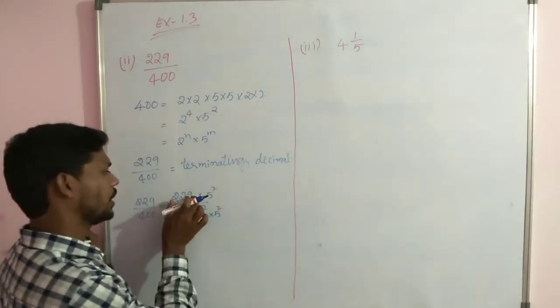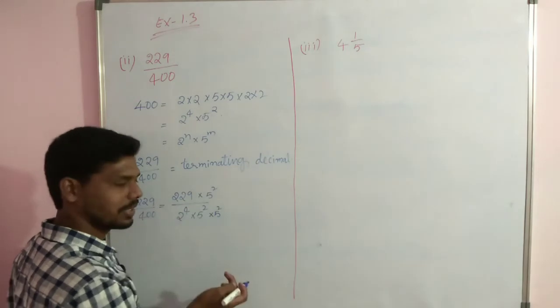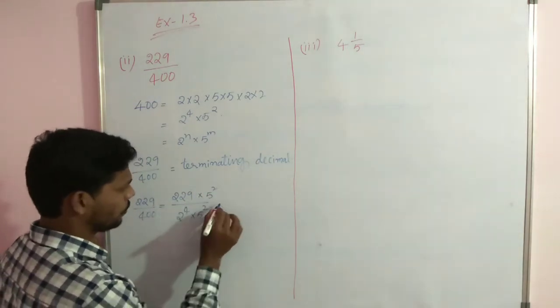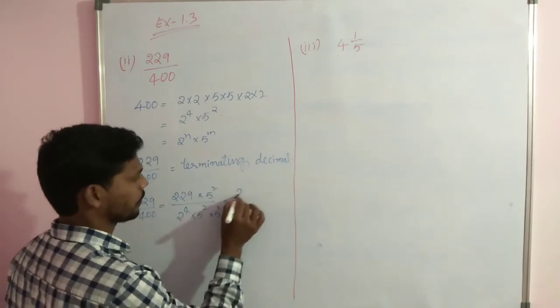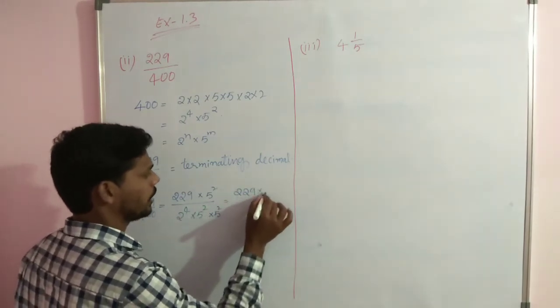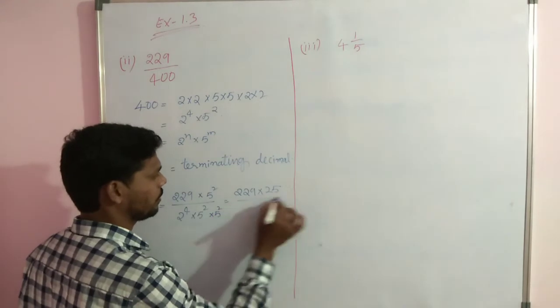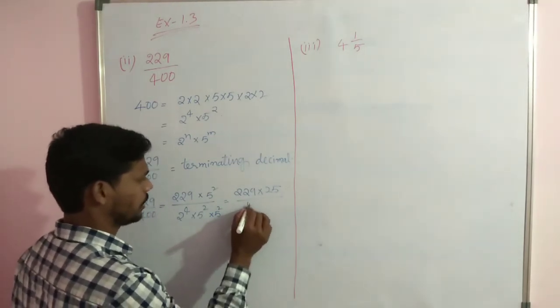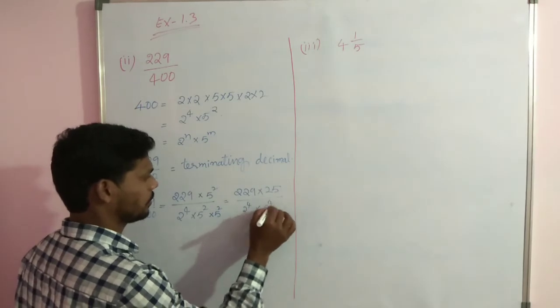So here 229 into 5 square, which is 25, over 2 to the power of 4 into 5 to the power of 4.